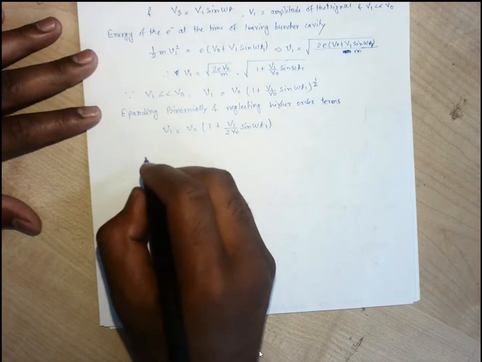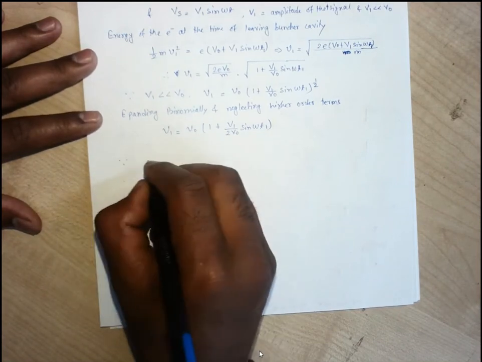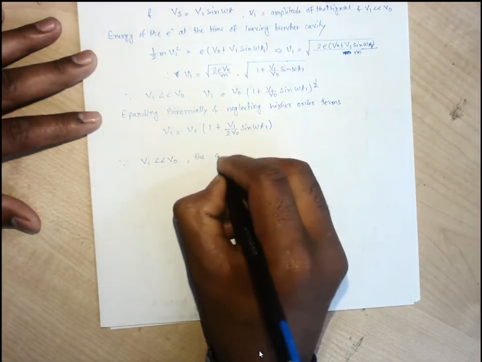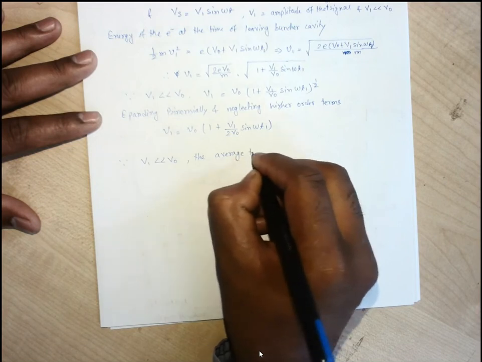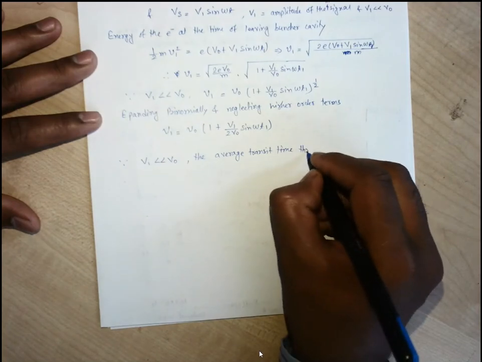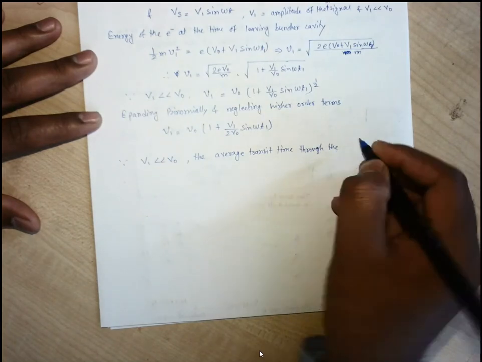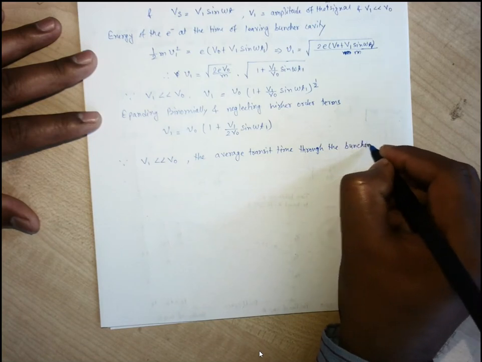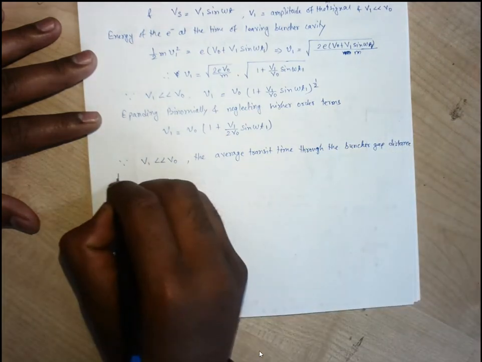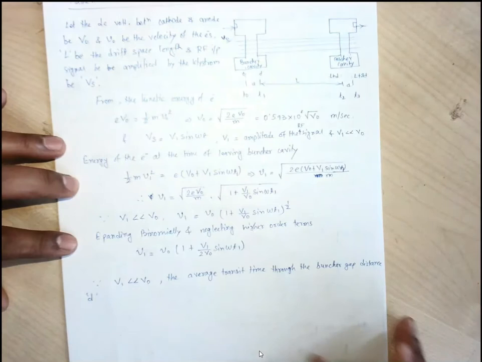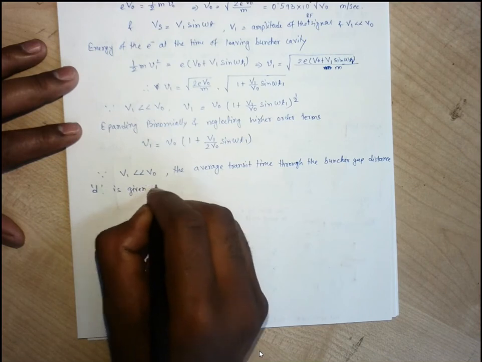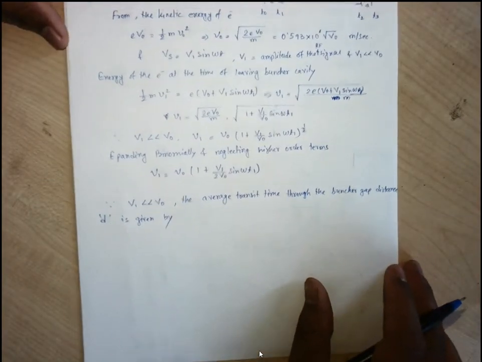Now again, since V1 is less than V0, the average transit time through the Buncher gap distance d, this Buncher gap distance d, is given by, so what is the average transit time?